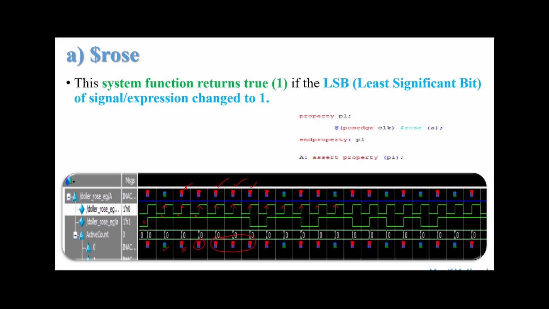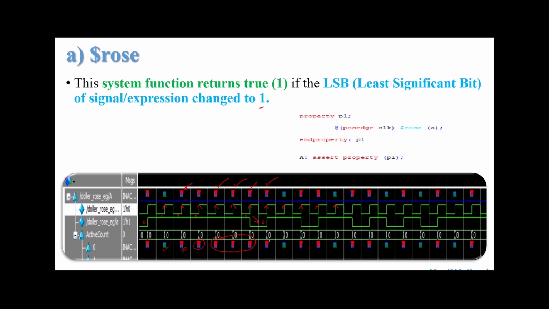Now here also, if you analyze at this passage of the clock, you'll find the value of A is 0. And in the previous clock cycle it was 1, right? So it is changing from 1 to 0. But we want it to change to 1, whether from 0, unknown, or Z to 1. We are not interested in 1 to 0.